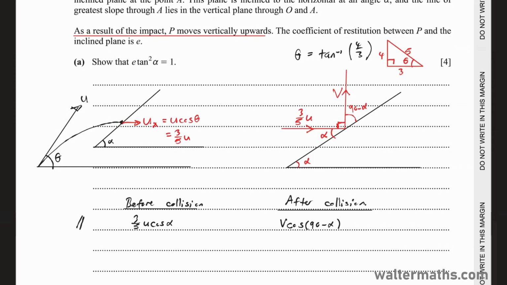The parallel components do not change, so these two are equal: the parallel component before collision equals the parallel component after collision. So v cos(90 - alpha) equals 3/5 u cos alpha, and I'll call that equation 1.